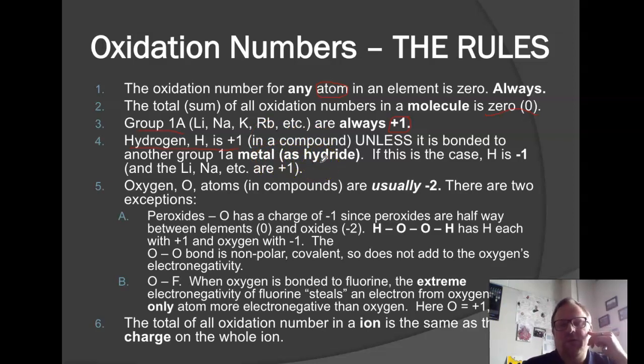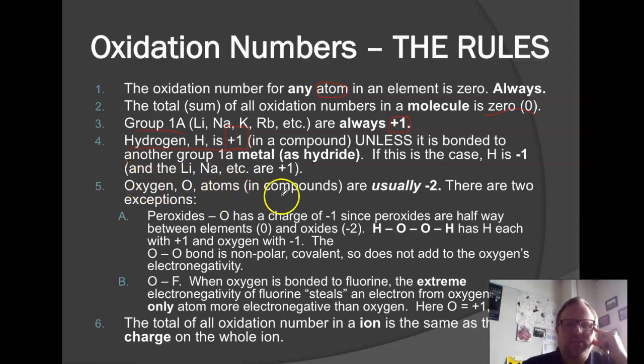So let's say it's part of a hydride like lithium hydride or sodium hydride, then the lithium or sodium will be a positive 1 for their oxidation number, and the hydrogen will be a negative 1. But usually, I would say 95% of the time or greater, hydrogen, when it's part of a compound, has an oxidation number of positive 1.